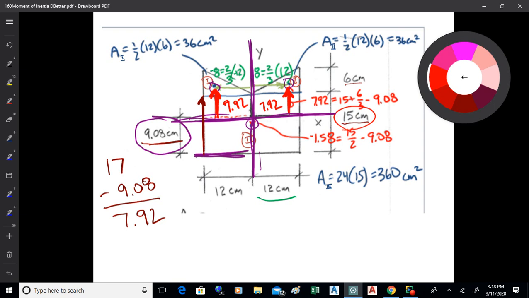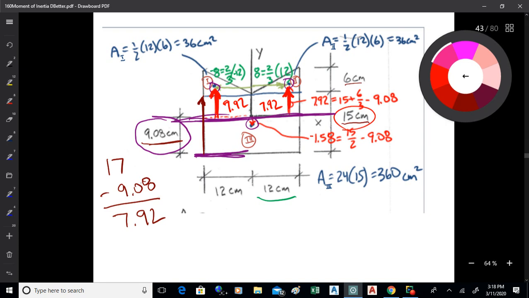Okay. Now I'll do the same thing for the rectangle, from there to the x neutral axis for the whole beam. What I'm doing there is I've got the distance up to the centroid of the rectangle. That's half of 15, so that's 7.5, because the rectangle itself is 15 centimeters high, so half of that would be 7.5. And then I want to know where the neutral axis is.